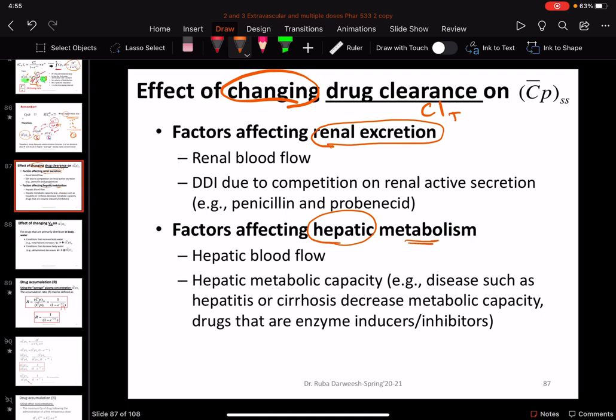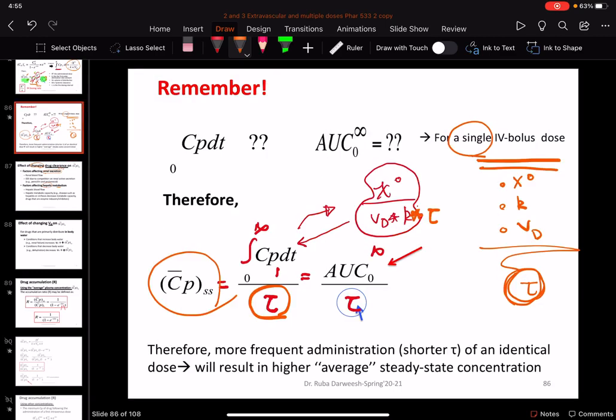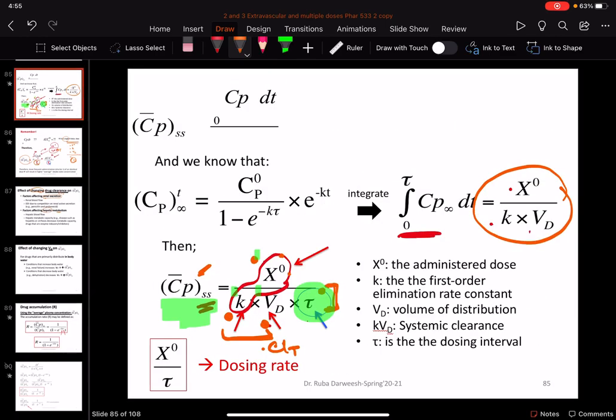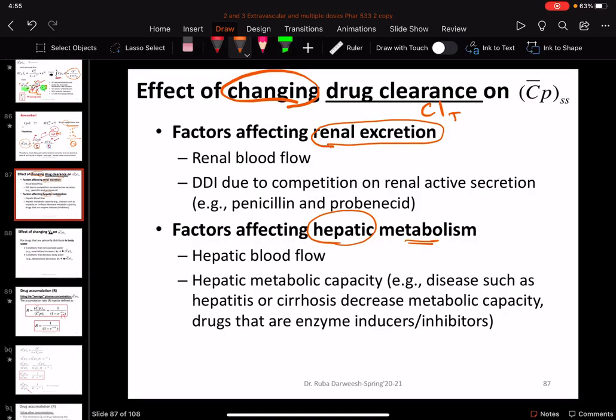So any factor affecting those would affect the final average steady state. And we know from here, by decreasing the clearance, the average steady state would increase. Why? Because again, you are decreasing the elimination either by excretion or by metabolism. So the average steady state would be changing.